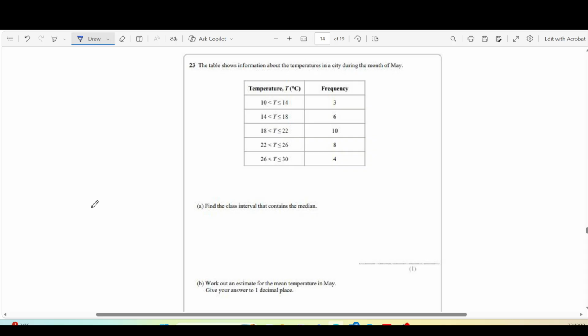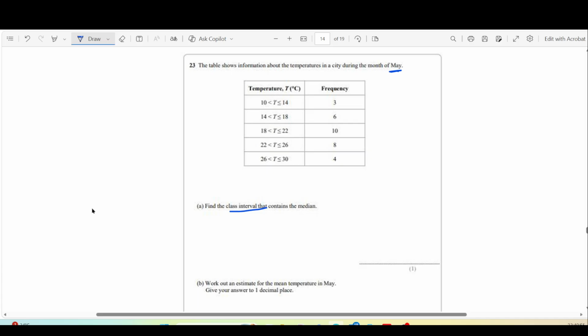Okay, just 1 minute. In question 23, we are given a table which gives us information about the temperature in a city during May. Find the class interval that contains the median. To find the median, first determine the total frequency.